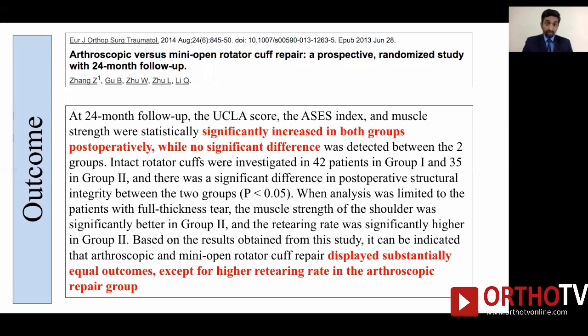Another article was by Zhang in the European Journal of Orthopaedic Surgery and Traumatology. At 24 months follow-up, the functional results are significantly better in both groups, but there is no significant difference between the groups. In fact, there is a relatively higher repair rate in the arthroscopic repair group, as discussed in this article.